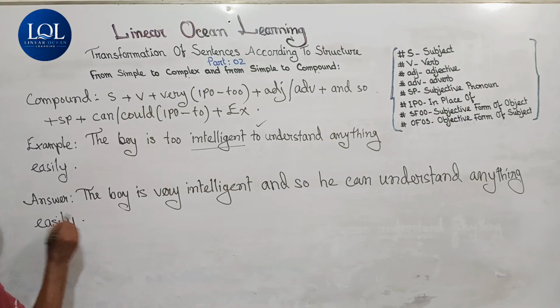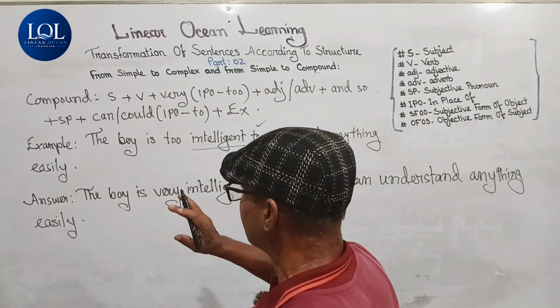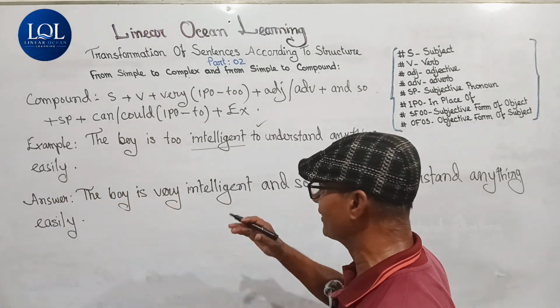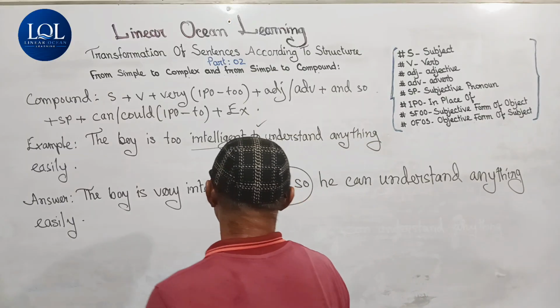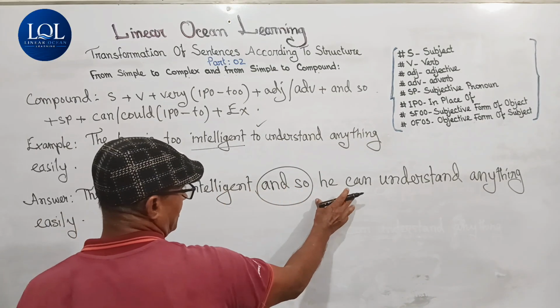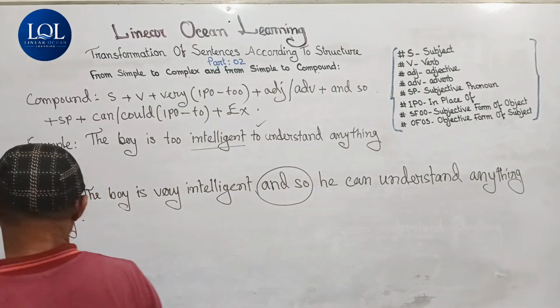Viewers, we can make this compound in another way. In place of "and so" we can write "and", but in that case we have to change some words like this.